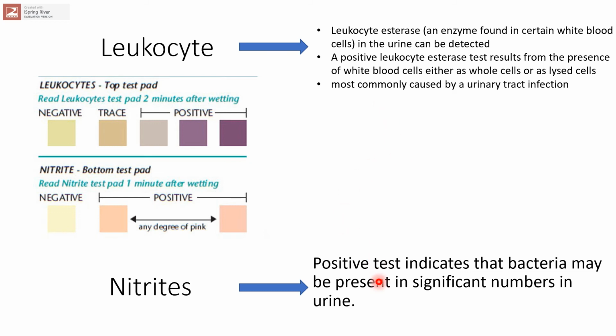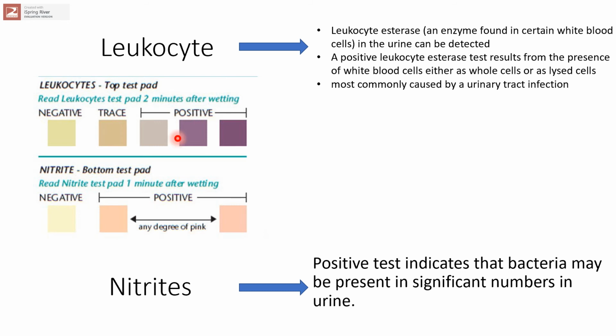Along with nitrites. Nitrites are produced by gram-negative and some gram-positive bacteria. So E. coli, the bacteria that we talked about, produces nitrites, and a positive test results in the change of the strip color to pink, and this indicates the presence of bacteria.